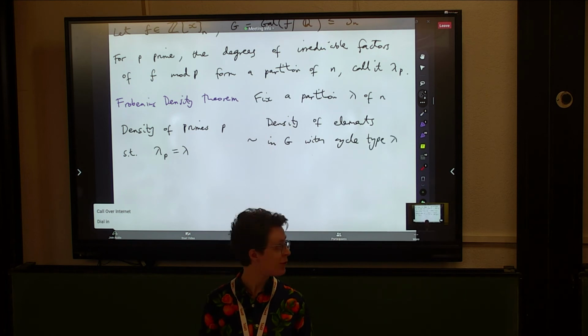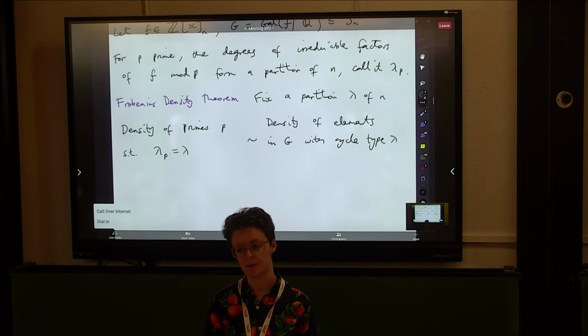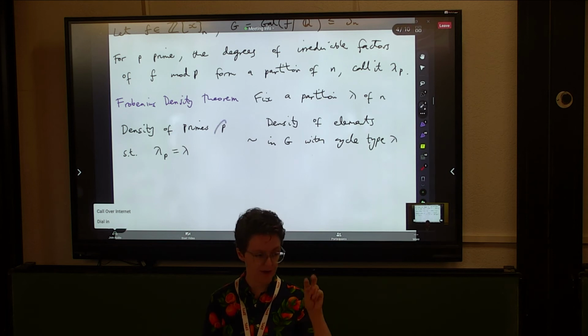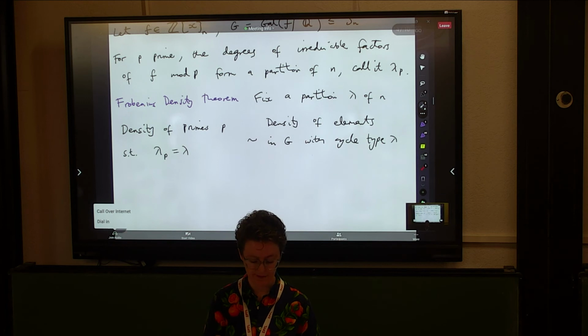Right, because we're a subgroup of S_n, everything has a cycle type, it's a partition, and so we're basically saying that even if I don't know the Galois group, I can still pick a random element in the Galois group just by picking some random prime and factorizing modulo p.